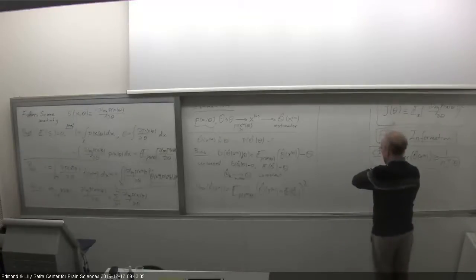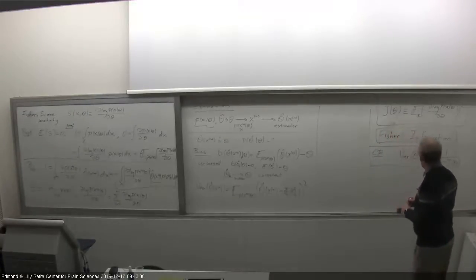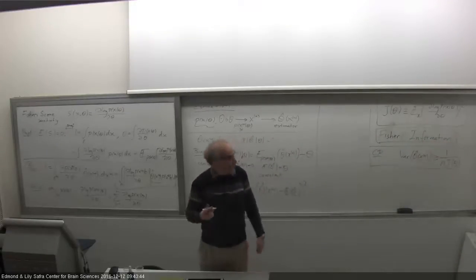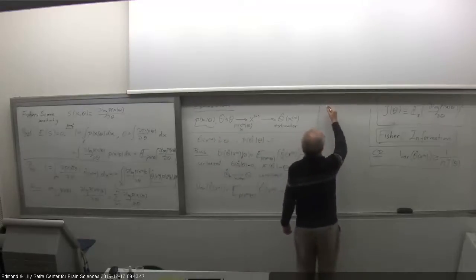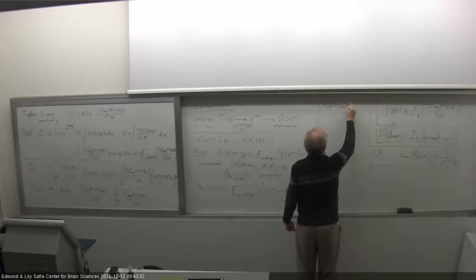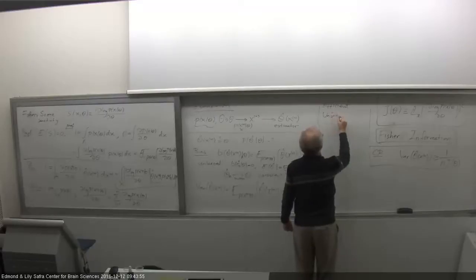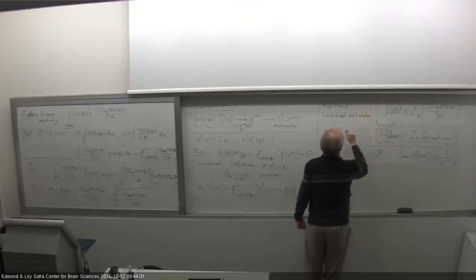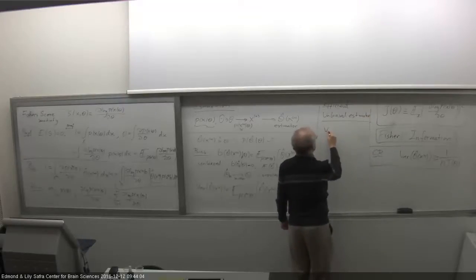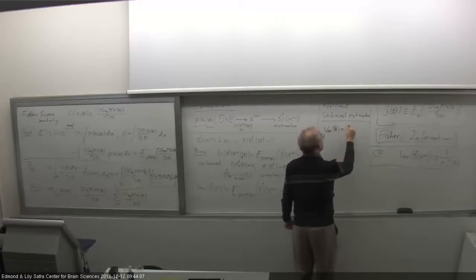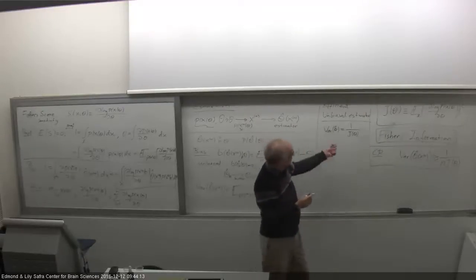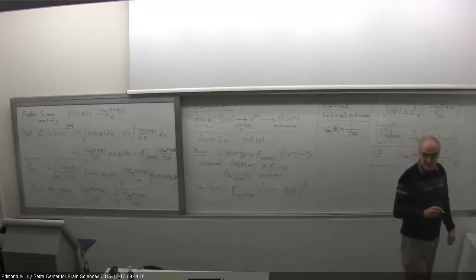So the next natural question, and I'm almost out of time, is when is this minimum achieved? There is something we call an efficient unbiased estimator. It is something for which the variance is equal to 1 over J for one sample, and for n samples it is 1 over nJ.